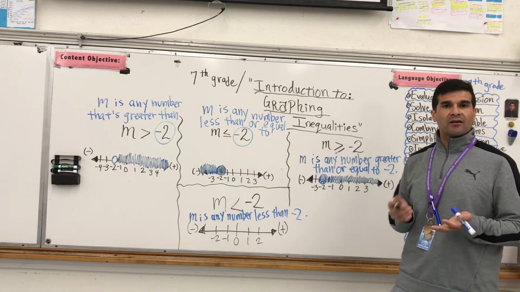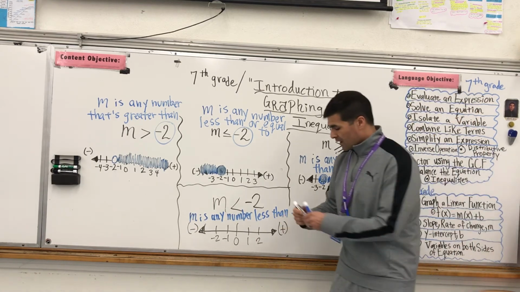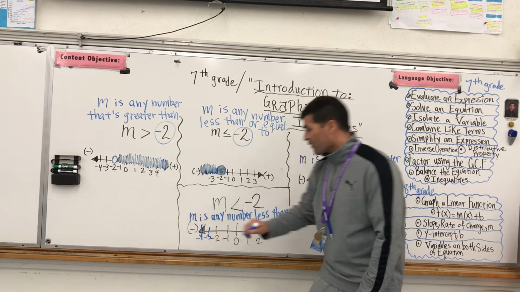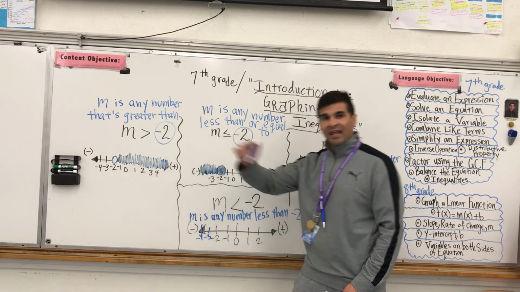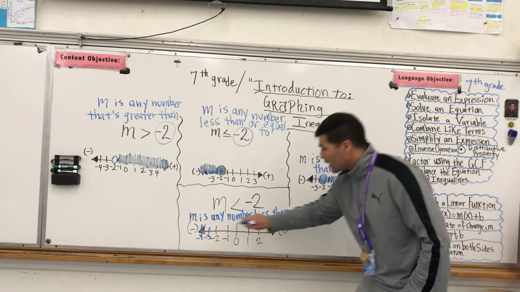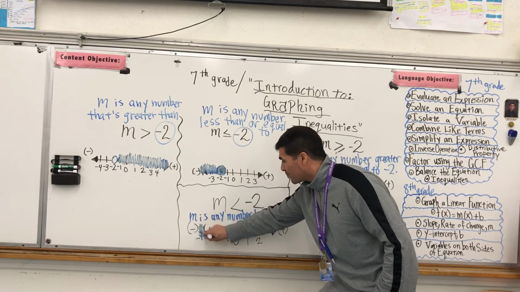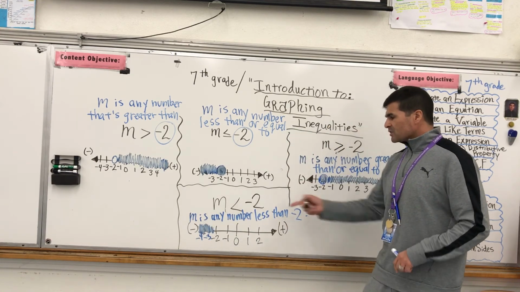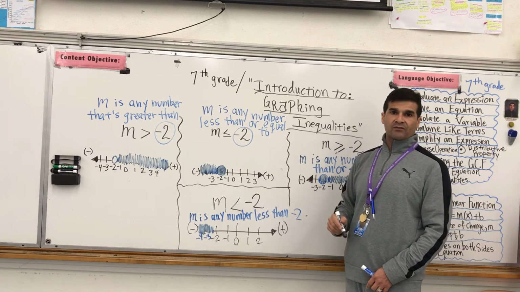Well, give me some numbers that are less than negative 2. Well, that would be negative 3, that would be negative 4, and that would be any number on the left of negative 2. So let me shade in all of these numbers up to the arrow tip on the left of negative 2. But, Mr. Gonzalez, can m be equal to negative 2?